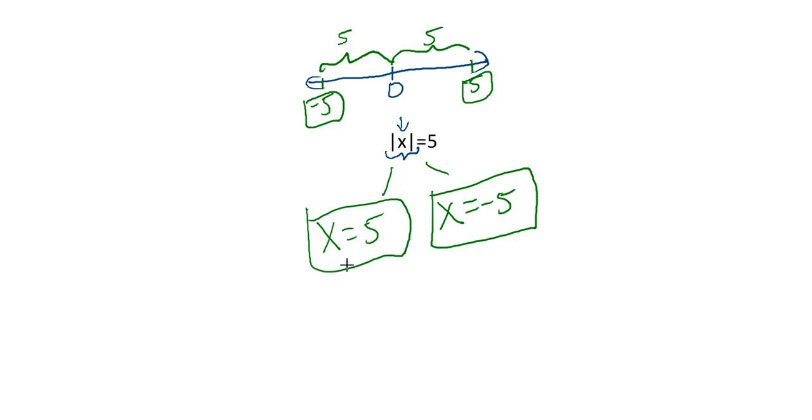So the first equation we're getting here, the first solution, is an exact copy of the original, but without the absolute value. The second equation is the same as the first one, except instead of positive 5, we have negative 5. So that's how you're going to get these two solutions. And that's what we're going to continue to do as we look at more and more absolute value equations. We're going to follow that same pattern.